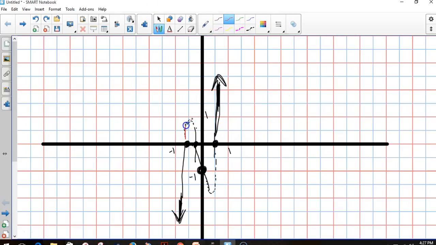Now I'm doing some guessing through here. I don't know how high this goes up. I don't know if it goes down the way that I drew it or if it came through like this. Not really sure. But I know all of my graph appears in this small range between a negative 1/2 and a positive 1/2 right now.